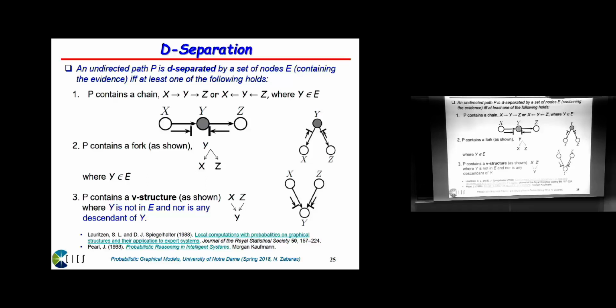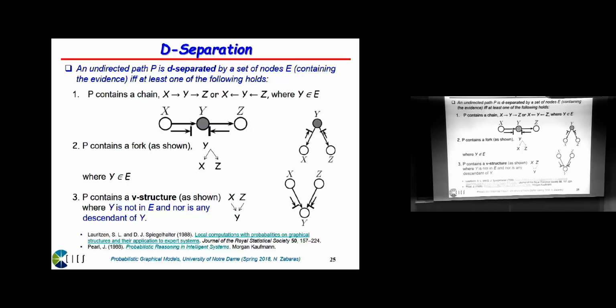I have to admit, when you first see them, this may sound a little bit weird. The only thing I'm going to say is, these are rules. If these rules are satisfied, and you can check that they're satisfied, then you can test independence relations. So these are not something we derive. You come up with these rules and you can show that they're equivalent to the local Markov properties that we discussed before, and these rules go under the name D-Separation.